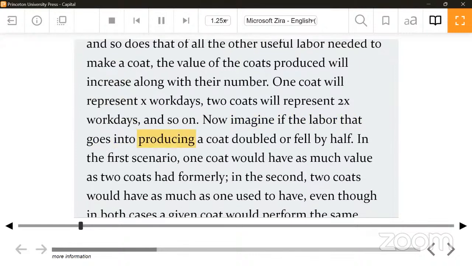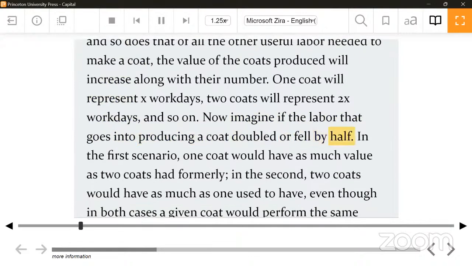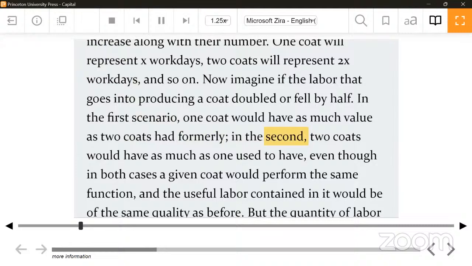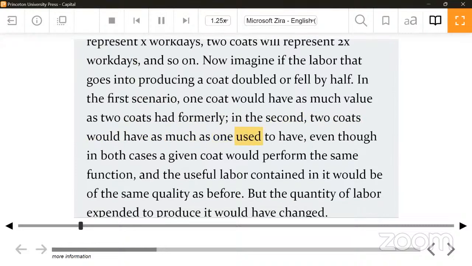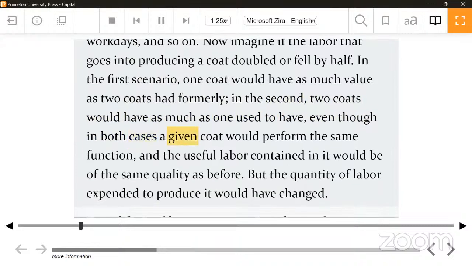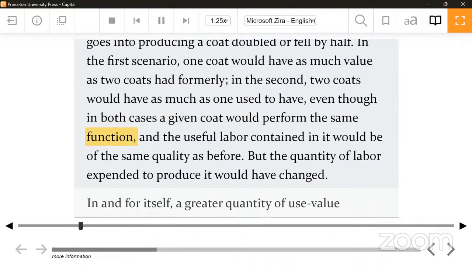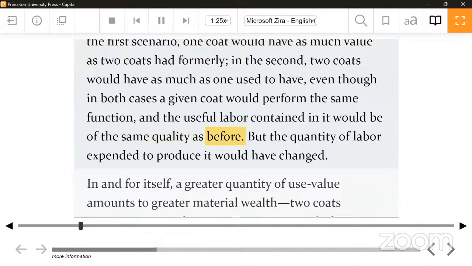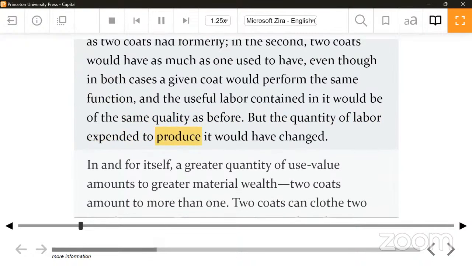Now imagine if the labor that goes into producing a coat doubled or fell by half. In the first scenario, 1 coat would have as much value as 2 coats had formerly. In the second, 2 coats would have as much as 1 used to have, even though in both cases a given coat would perform the same function, and the useful labor contained in it would be of the same quality as before. But the quantity of labor expended to produce it would have changed.